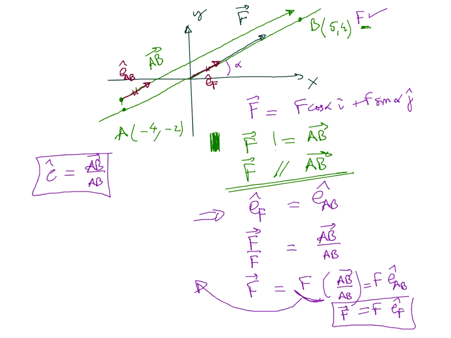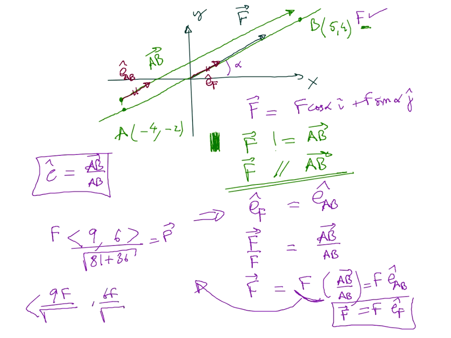The x component of AB will be 5 minus 4, so 9. Y will be 4 minus 2, so 6. We're going to multiply this by F and divide by its magnitude, square root of 81 plus 36. So the x component of vector F will be 9F over that square root, and then 6F divided by that square root.